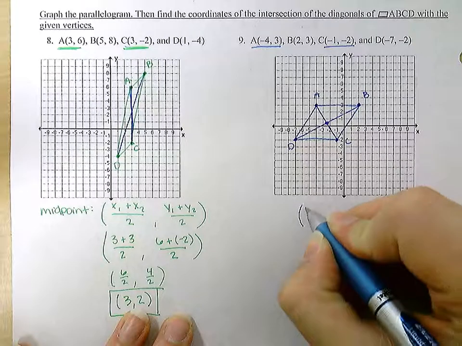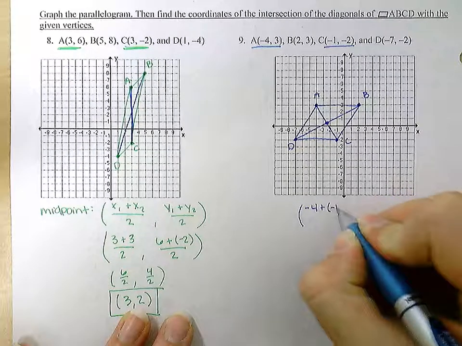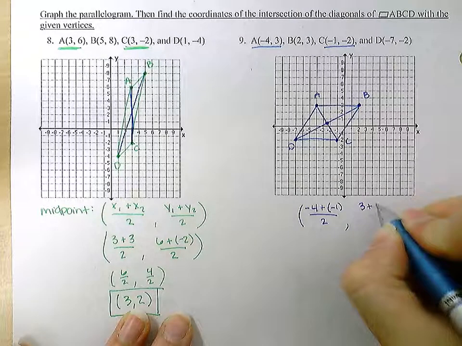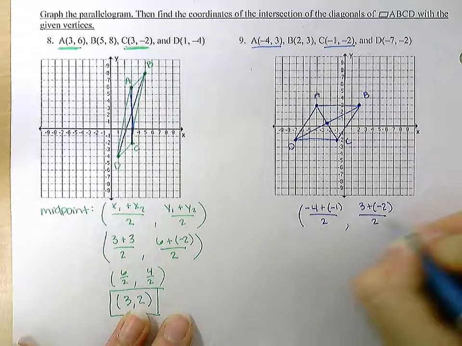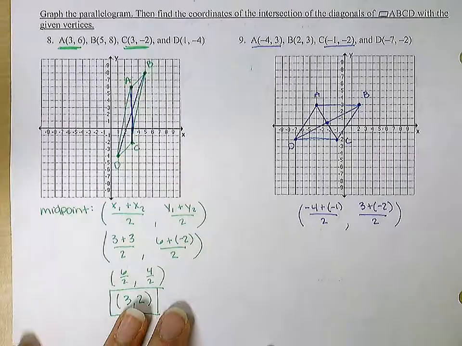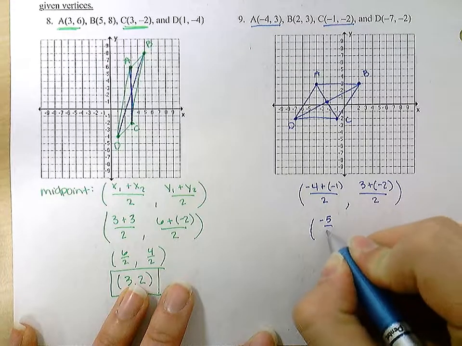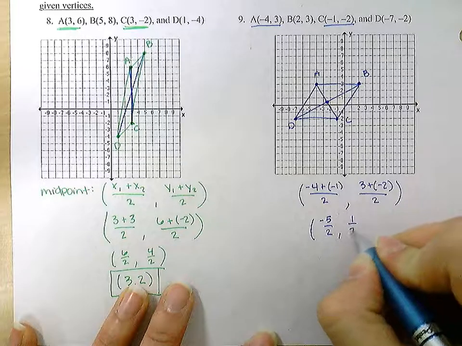So I can take -4 plus -1 divided by 2 and 3 plus -2 divided by 2. I end up getting -5/2 and 1/2.